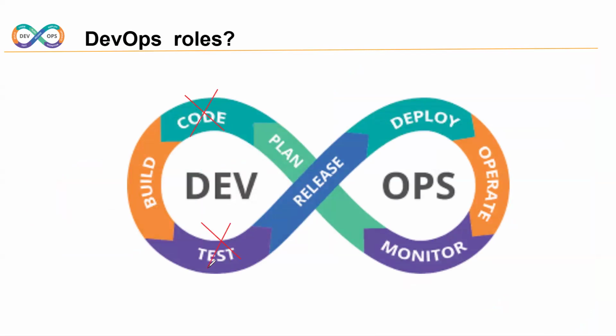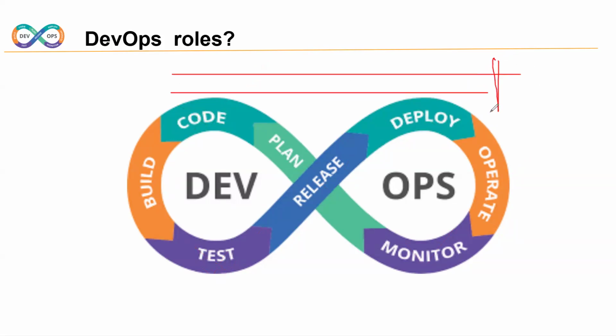No. Are we going to be writing test cases? No, nothing. We are part of coding, building, testing, release, deploy, operation, and monitoring. But frankly, we are not writing any lines of code or any test cases. What we are going to do in the DevOps process is implement an automated, transparent pipeline from the dev environment to operations.